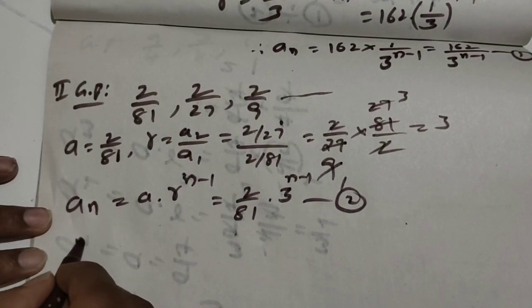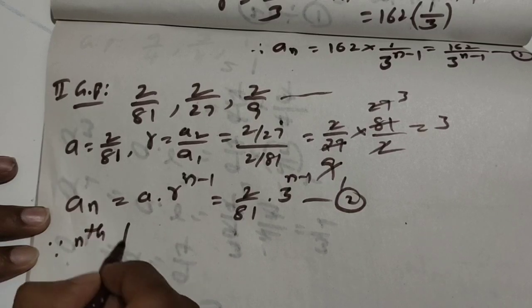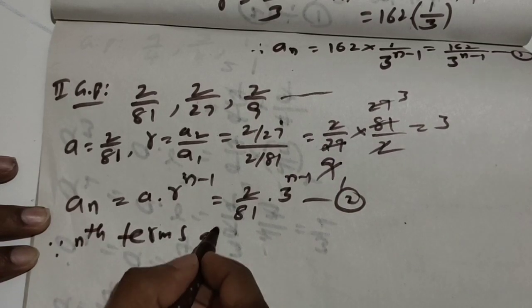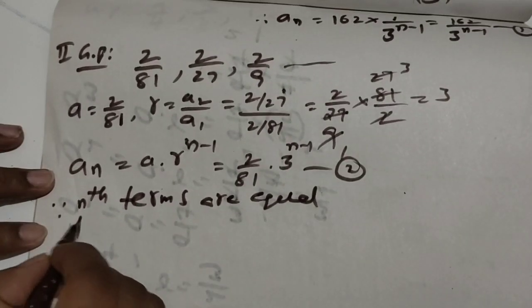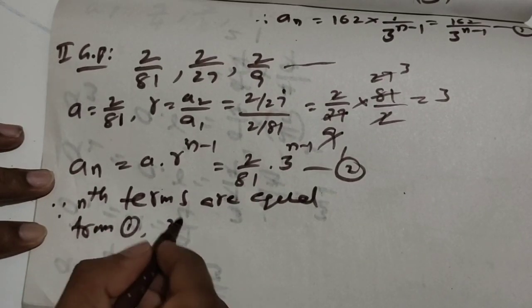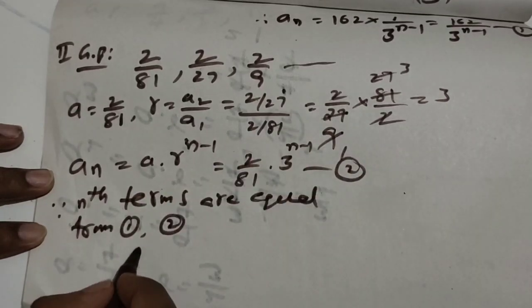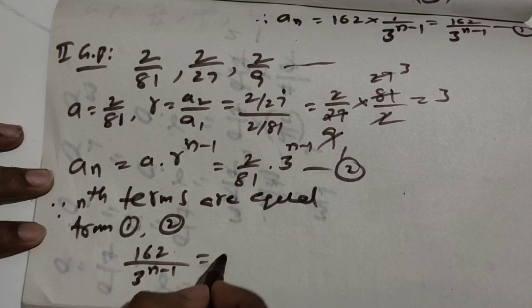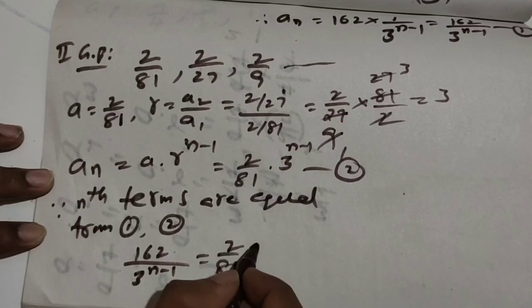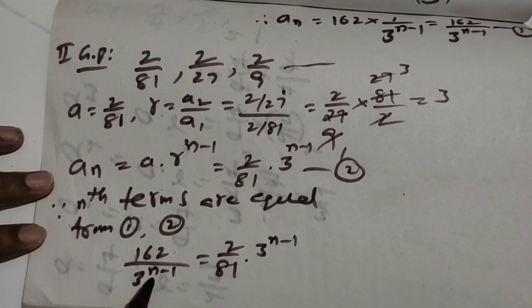But it is given that both the nth terms are equal. Since the nth terms are equal, we can write from 1 and 2, we can equate those two values. It is 162 by 3 power n minus 1 equal to 2 by 81 into 3 power n minus 1.